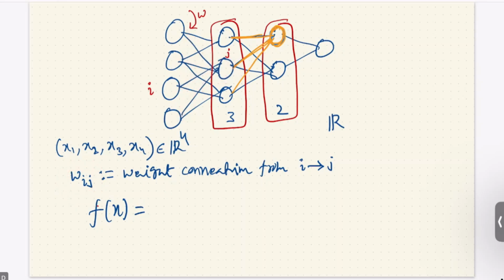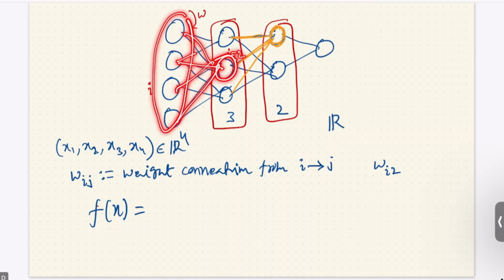That is wi2, where i is varying every time. So if j is equal to 2, then whatever is gathered for all the i's to this node. So there is such gathering. Then what are you doing with that?